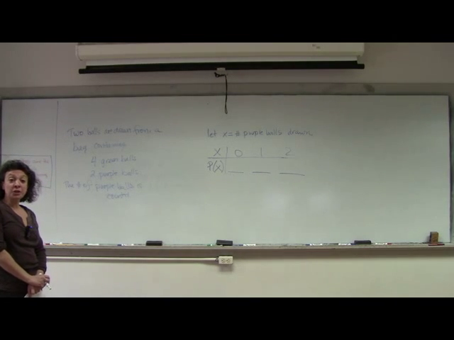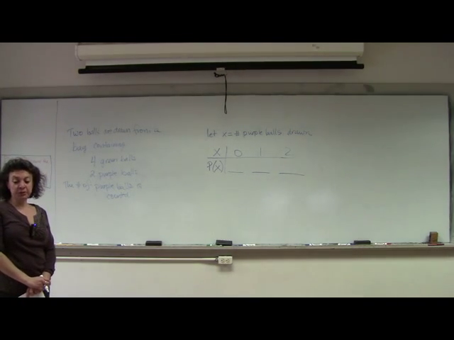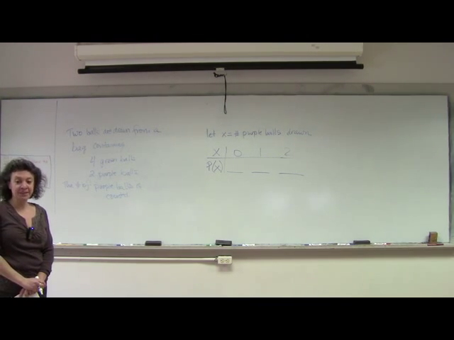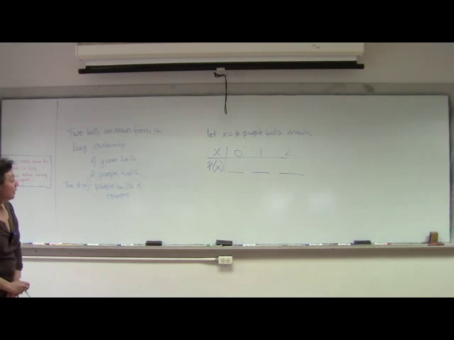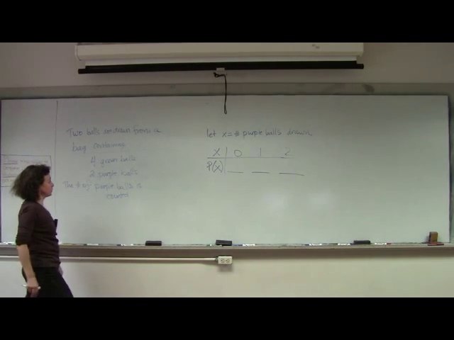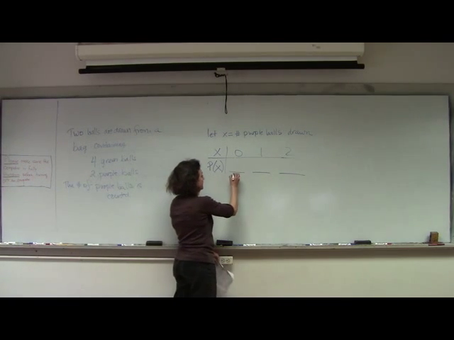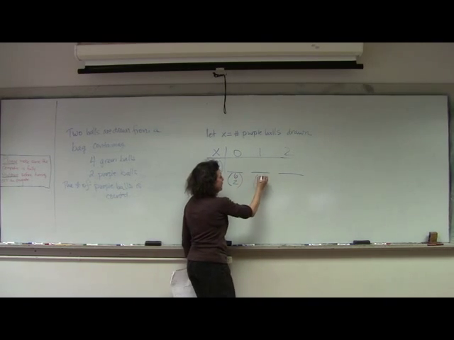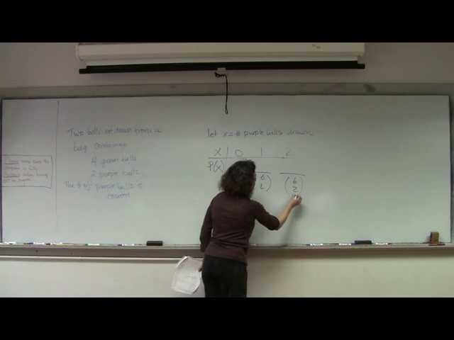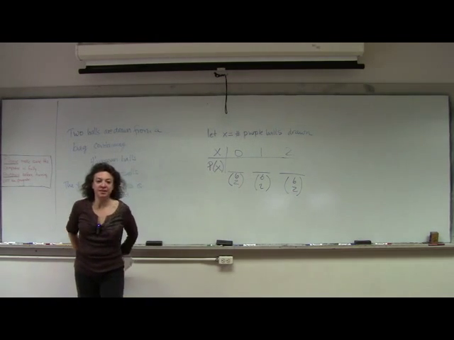Now, when you're completing a probability distribution table and you have combinations, that is one of the situations where I will actually ask you to compute them. Well, how many balls are in our bag? We have 4 green and 2 purple, so I think you'll grant me that there's 6 balls in our bag, and we're choosing 2. So all of our denominators will look like 6 choose 2.